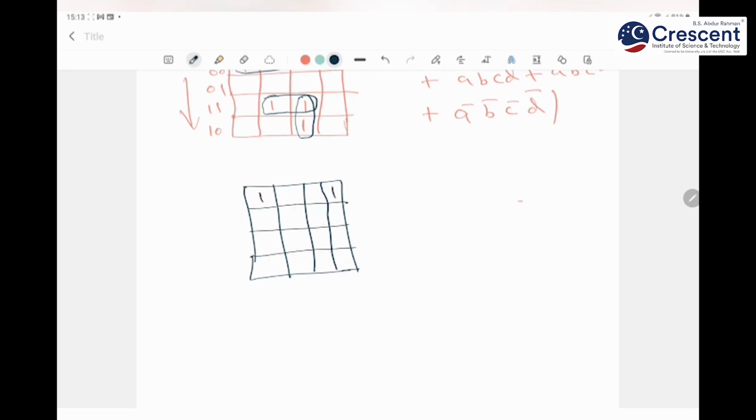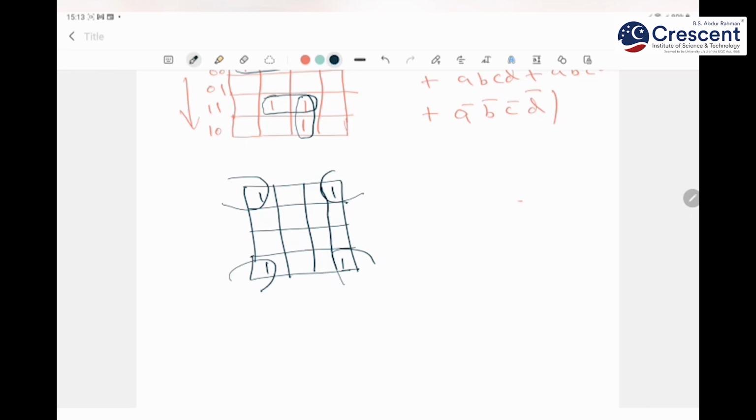Sometimes you will be having something like this. You can consider all of this to be a group. Here this one, this one, this one, and this one, all these four together we can consider to be one single group. You have to imagine something like a truncation of a sheet metal. Imagine this as a sheet metal.